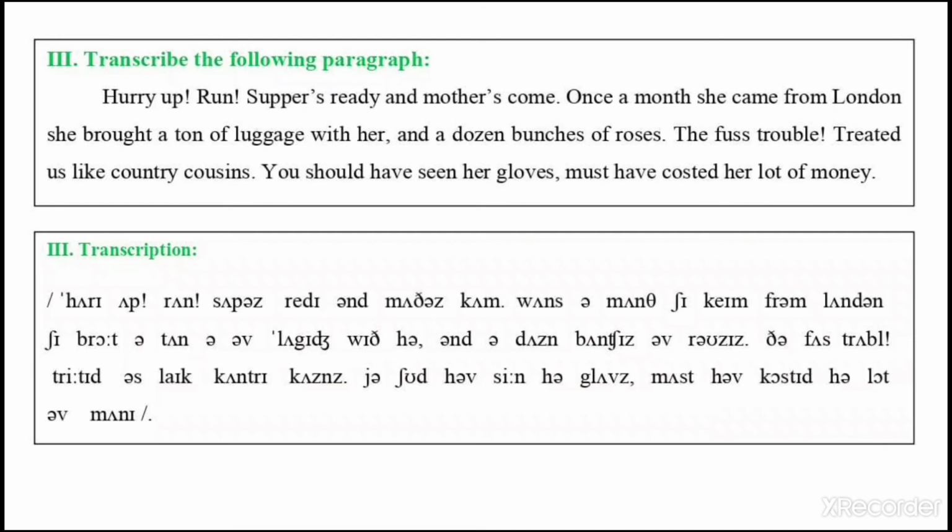Us with a schwa. Like with the diphthong I. Country, country with the V upside down. Country, cousins, cousins. So again V, and the z at the end. Full stop. You should have seen her gloves. It is pronounced, you should have seen her gloves.